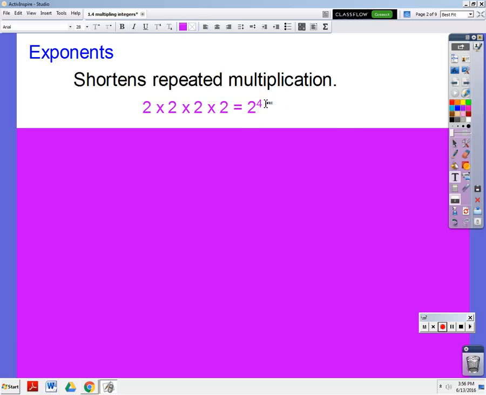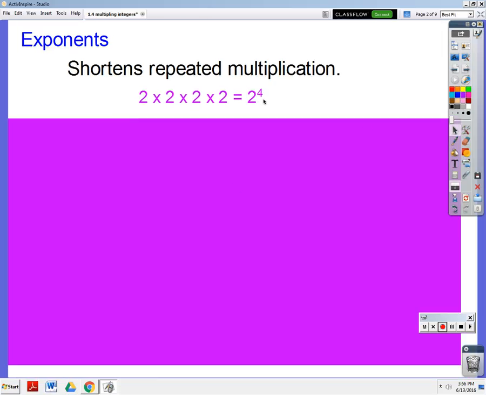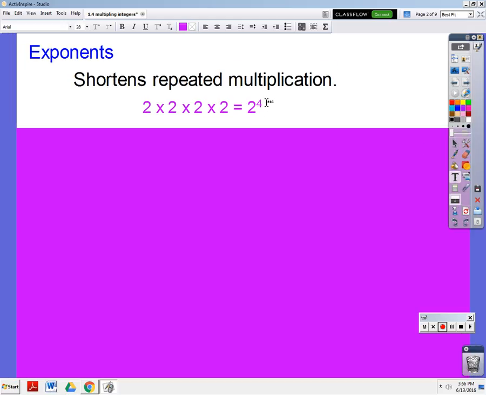So we're using the number 2 and we're using it 4 times. And the answer to that, 2 times 2 would be 4. 4 times another 2 would be 8. 8 times a 2 would be 16.